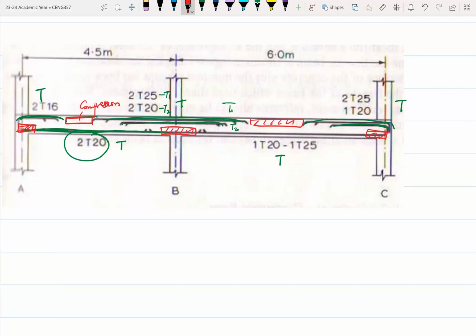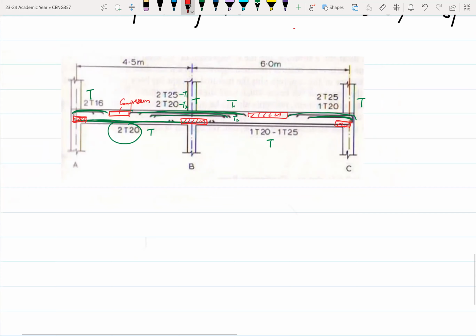Ideally, compression reinforcement is smaller compared to tensile reinforcement, or sometimes we don't even need it. The reason why sometimes we put rebars at the top of the beam, which we call hanger rebars, is so that we have something to hold our shear links. And that's about it.